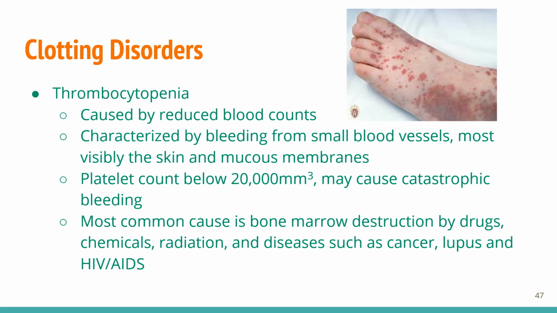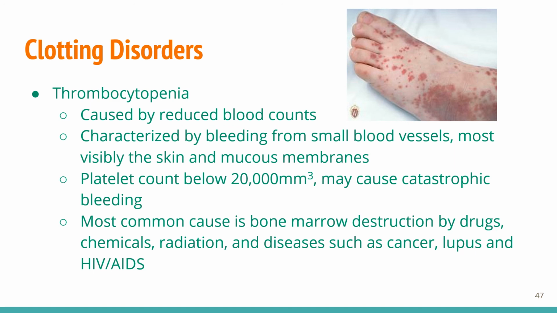So what were we, like 150 to 400 before, I think, for your platelets? Thousands, if I remember. So if someone was saying that this person has platelets of 20, it means 20,000. So it can lead to catastrophic bleeding.